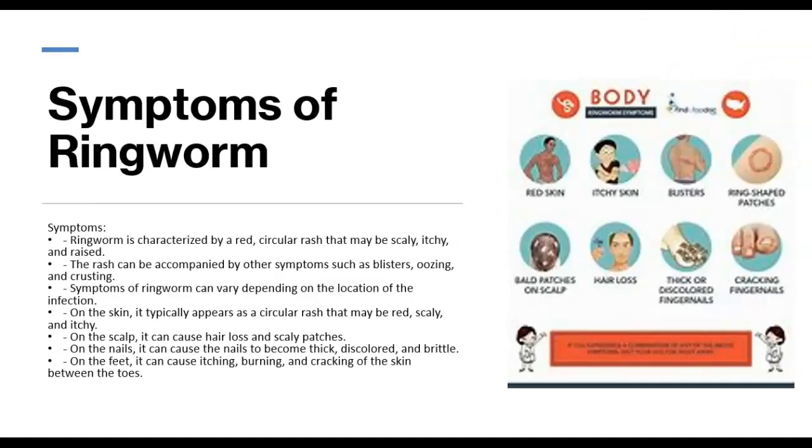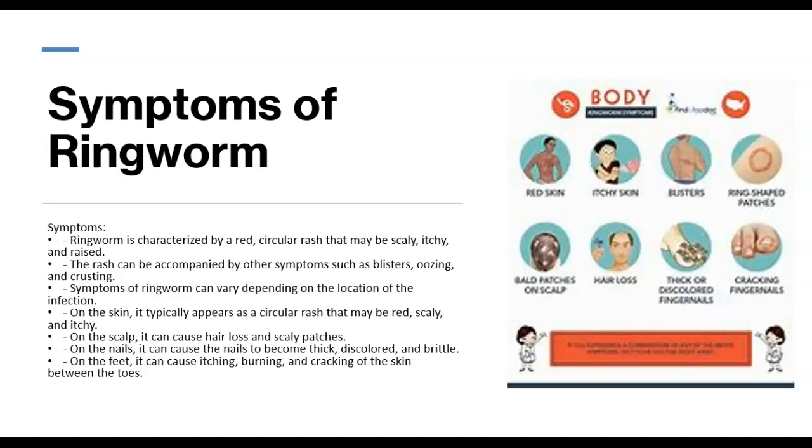Here are some symptoms of ringworm. Symptoms. Ringworm is characterized by a red, circular rash that may be scaly, itchy, and raised. The rash can be accompanied by other symptoms such as blisters, oozing, and crusting. Symptoms of ringworm can also vary depending on the location of the infection. On the skin, it typically appears as a circular rash that may be red, scaly, or itchy.